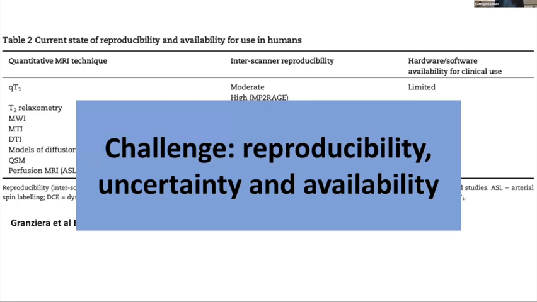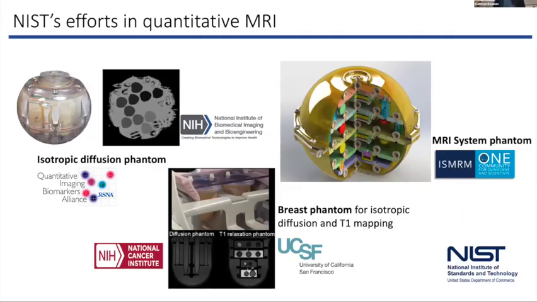So NIST started a program in quantitative MRI about 15 years ago. The first step was the development of these reference objects. These were developed in collaboration with folks at NIH and different professional groups that we're familiar with, like ISMRM and RSNA-QIBA. And right now we're at the stage of really getting these out and used by the community.